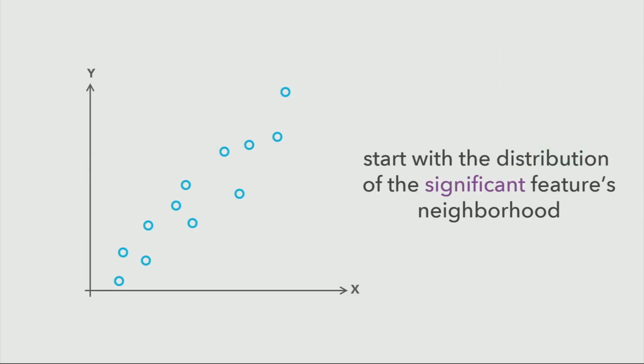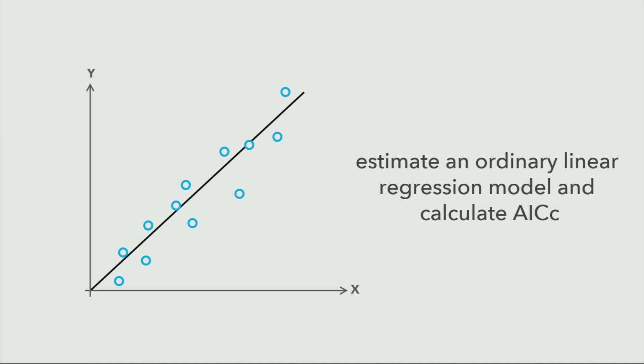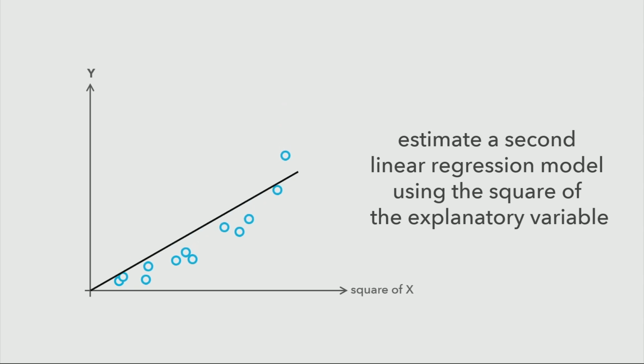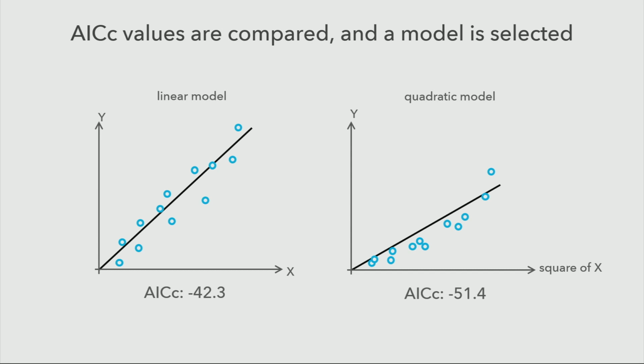The way it does this is first it starts with the distribution of the significant feature's neighborhood. It'll estimate an OLS model for that and calculate the AIC. Then it will square the explanatory variable x, and we will compare these two.